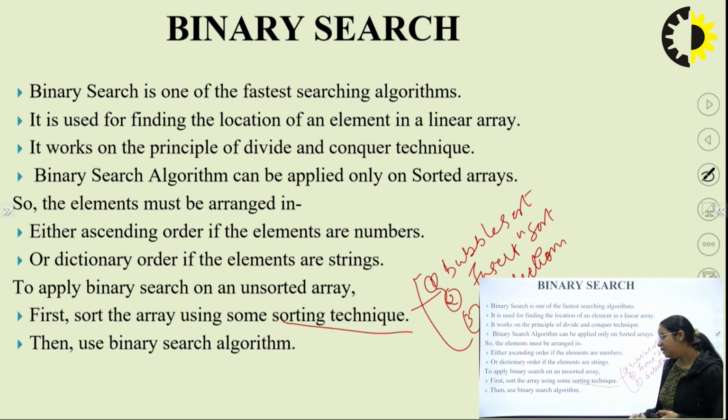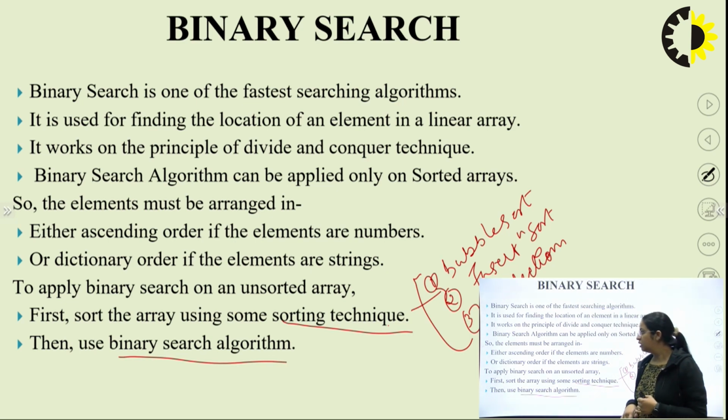Okay, so the first step is this. After that, we have to apply the binary search algorithm. I will brief you about all of this. If we are applying binary search over the elements of an array, and the elements are already sorted, then there is no need to sort again; we directly apply the algorithm.